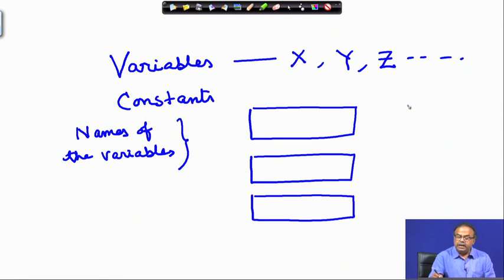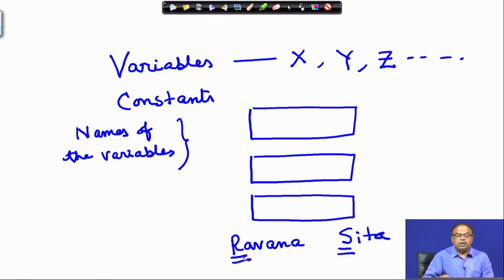All right. There are some rules for naming them. Just as in English, we start a proper noun with a capital letter, Ravana, all right, Sita. We write them with a capital letter. This is the rule of English.